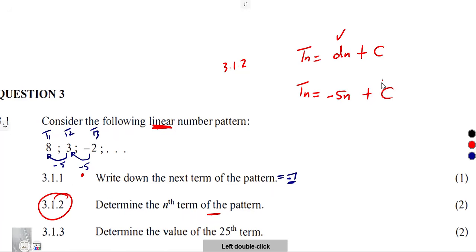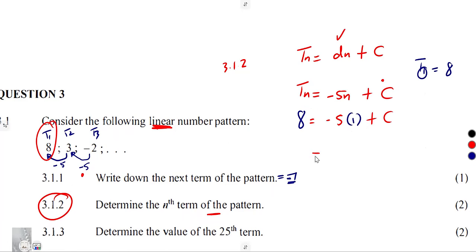Then we need to find the value of c. From any of the terms, we can use the first term. T1 is equal to 8. So that's Tn, 8 is equal to minus 5 times our n. Our n is 1 there, so plus c. We can solve for c.